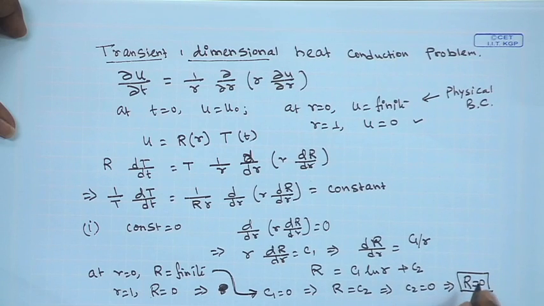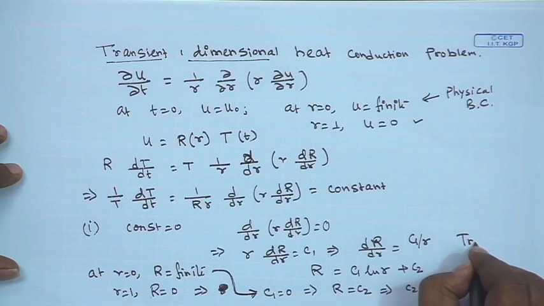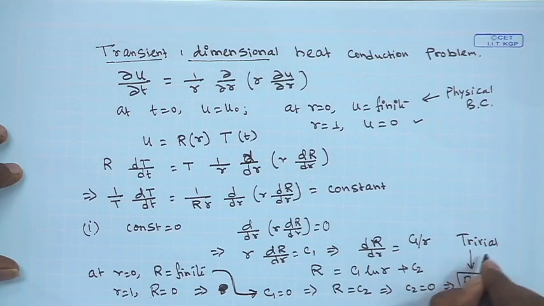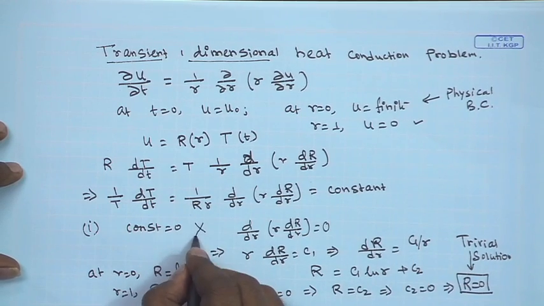So if this constant is assumed to be 0, we land with a trivial solution. Therefore, this constant cannot be 0, because we are looking for a non-trivial solution. Now, let us check the next possibility.